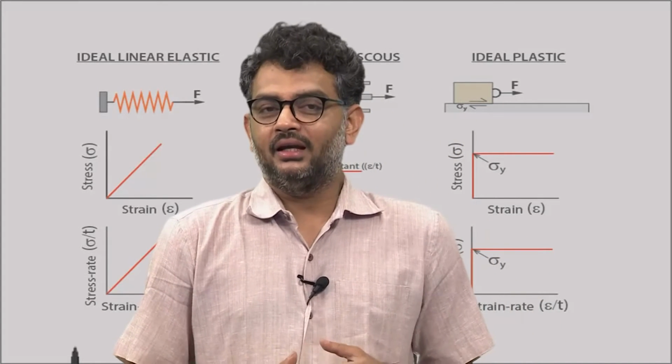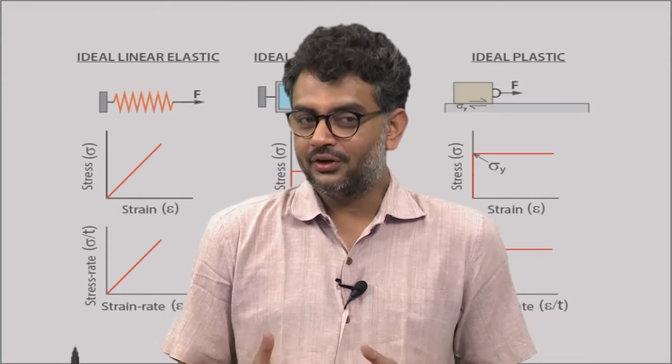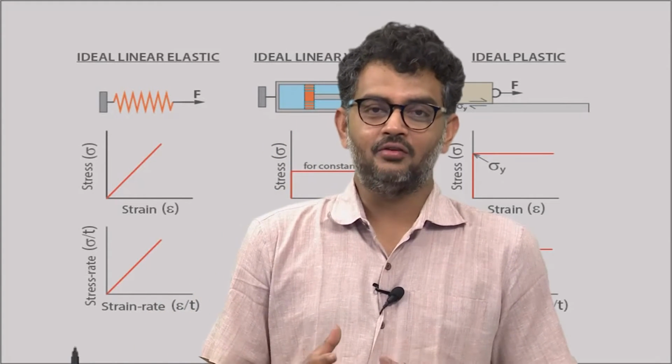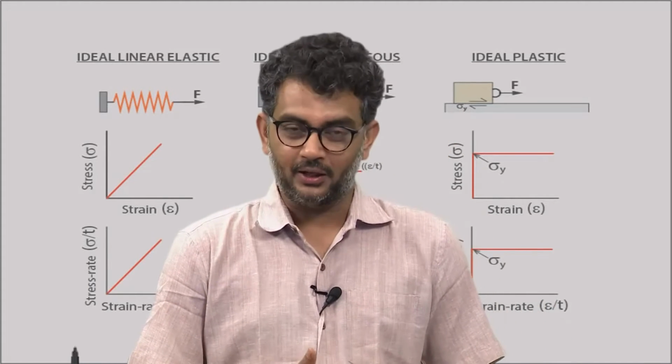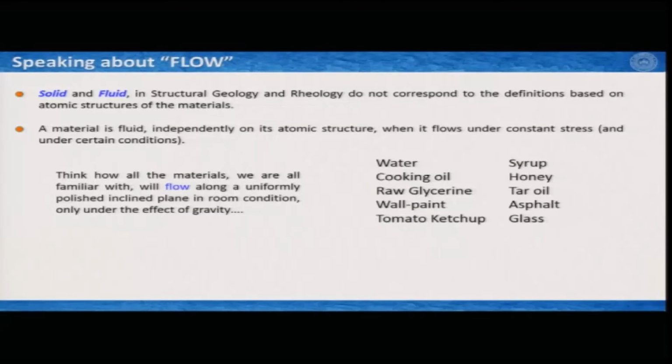But in the study of rheology, as I said, everything flows, so the definition of fluid goes a little funny. A material is fluid, independent of its atomic structure, when it flows under constant stress, and of course under certain conditions. Please note, it does not define the time.